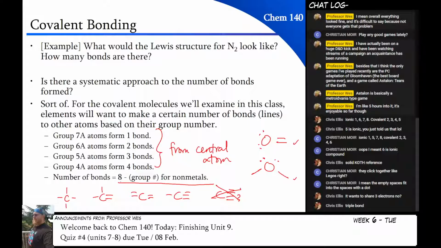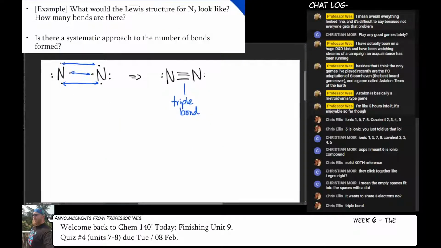And the reason for that, we'll draw on this screen. If I draw out my Lewis structure like this, and I try and connect the dots, like so, I can't draw a straight line to connect my electrons.